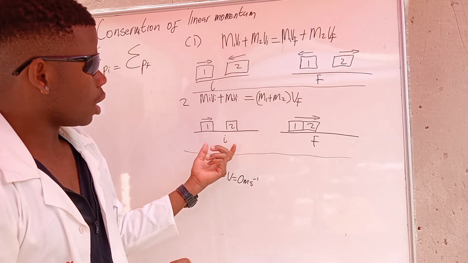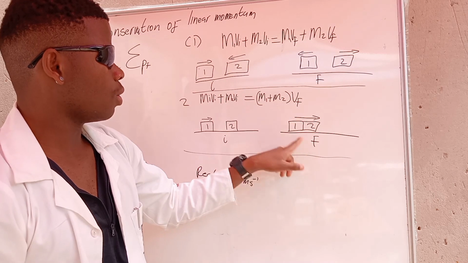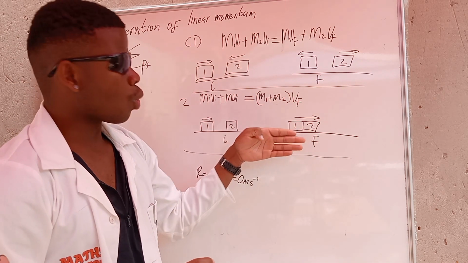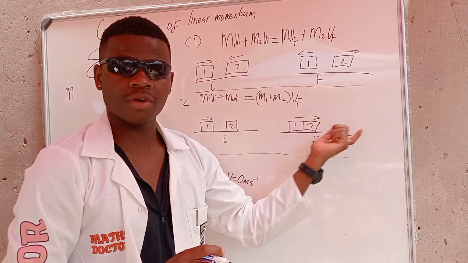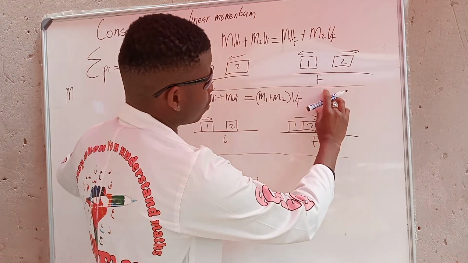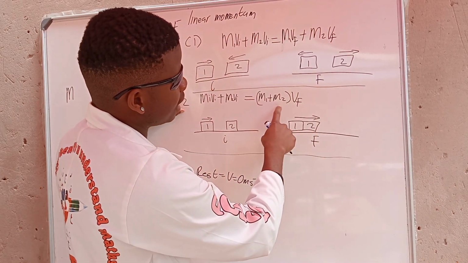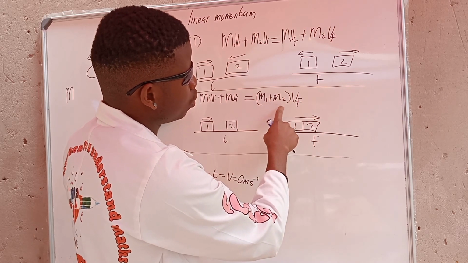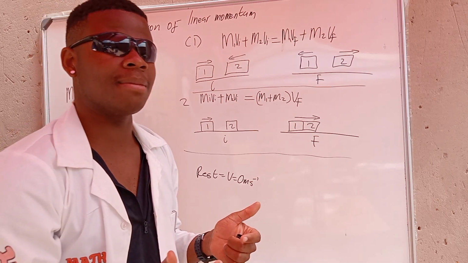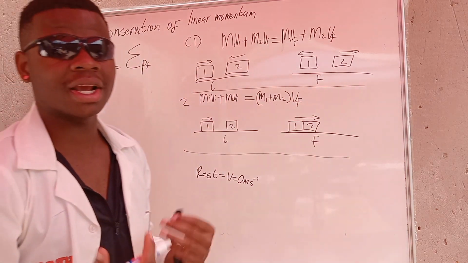In the final scenario, object 1 collides with object 2, and they start to move in the same direction together. So you write its formula like this: m1 v1 plus m2 v2 equals m1 plus m2 multiplied by v final. Why? Because now they are moving with the same final velocity. Now let's do an exam question.